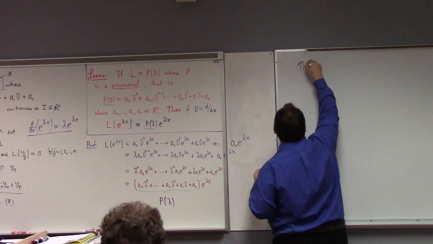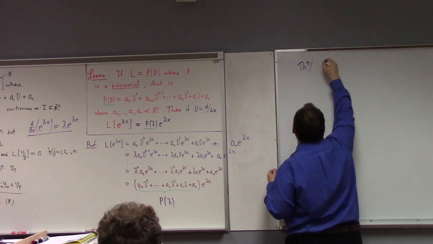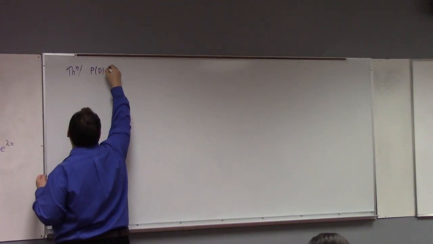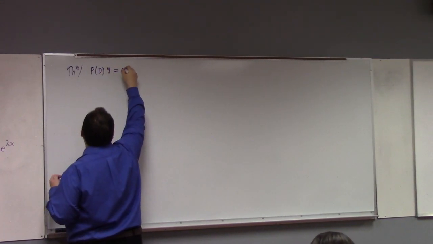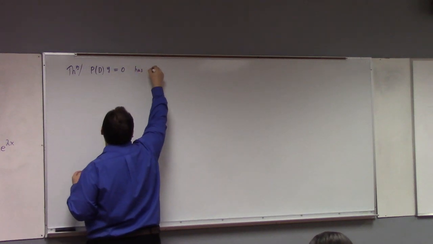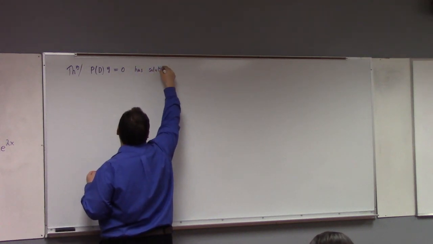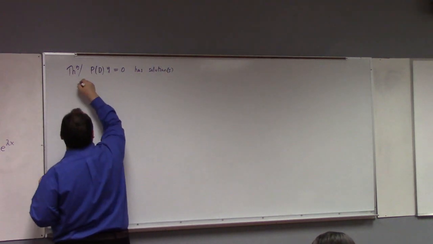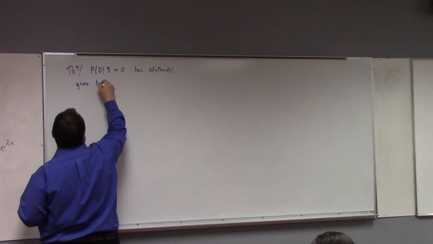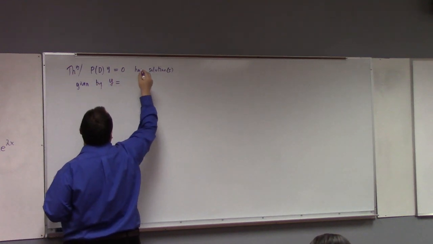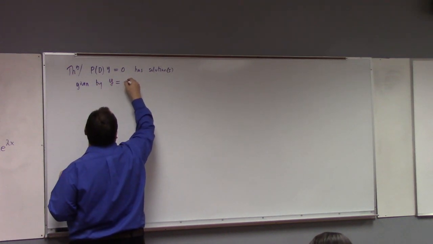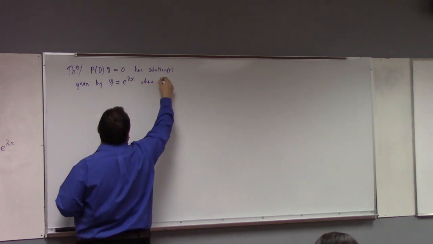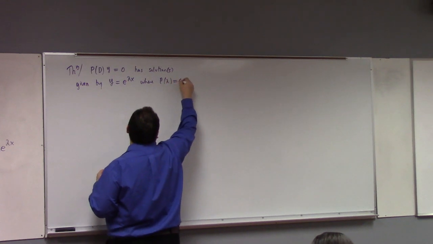Theorem: P of D on y equals 0 has solution given by y equals e to the lambda x, where P of lambda has to be equal to 0.